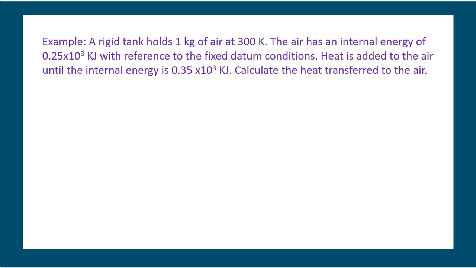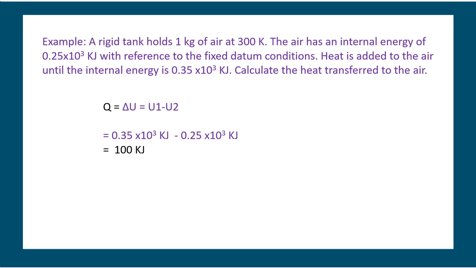It is mentioned that the tank is rigid, so the volume of the gas does not change during heating. Under constant volume, the change in internal energy is equal to the heat supplied to the system, so Q equals delta U. U1 initial minus U2 final internal energy will give us the answer of 100 kilojoules.